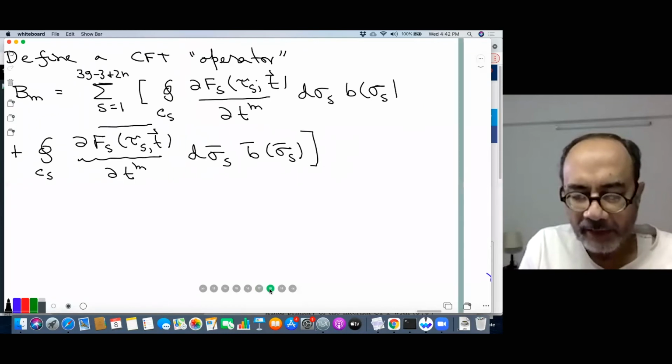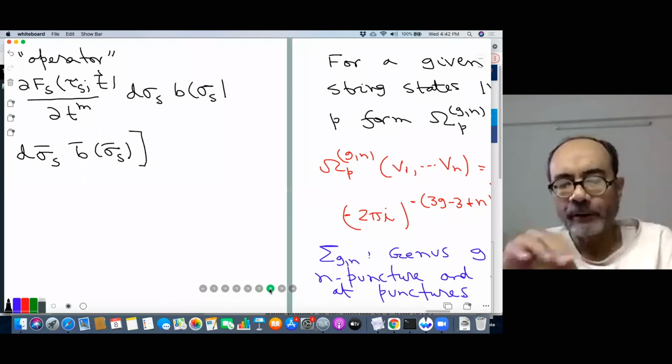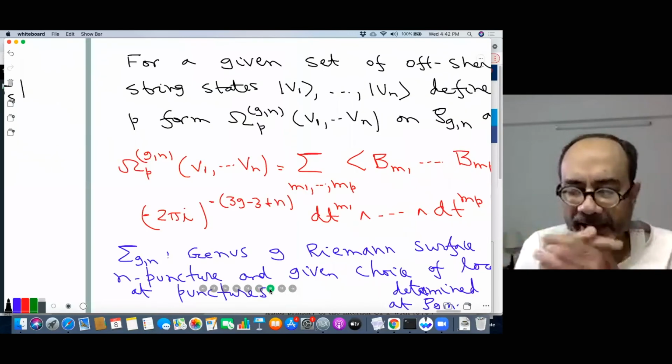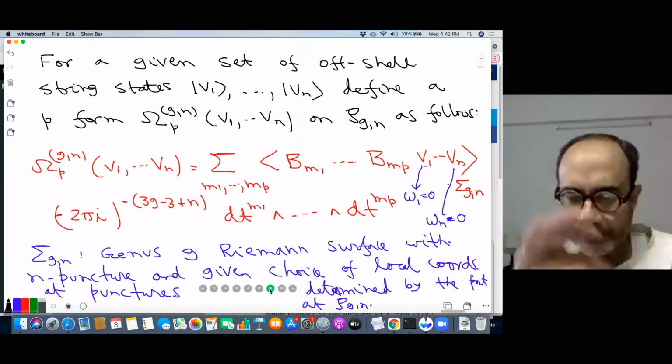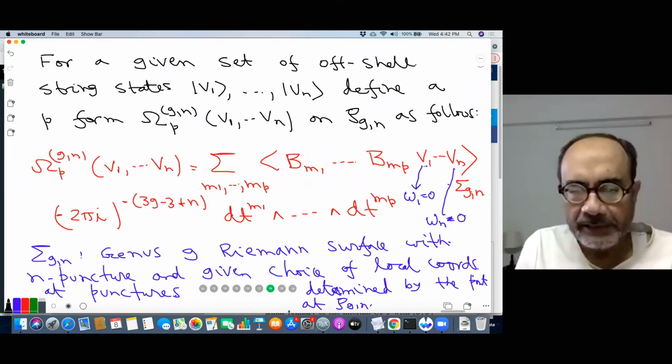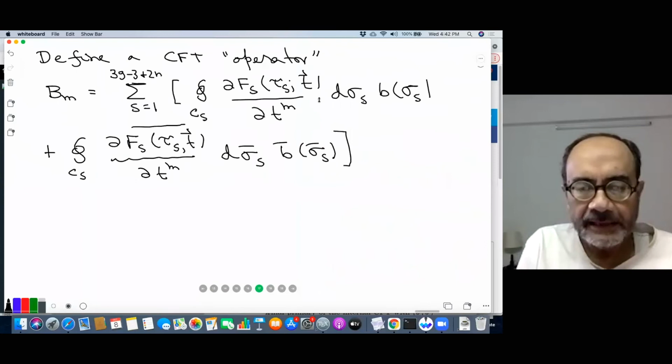So here you will have some du1 to du_p, and that's what will be the pullback, right? This again you can convince yourself easily by using this structure, that the actual combination that appears is this derivative with respect to t_m times dt_m. So by chain rule, you can easily convert this into derivative with respect to u times du, if you are on a p-dimensional subspace.